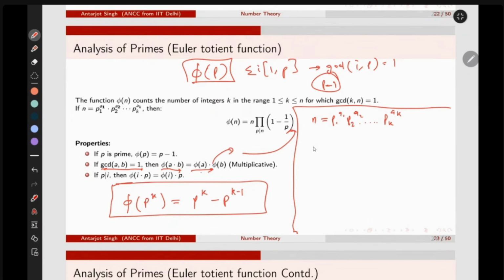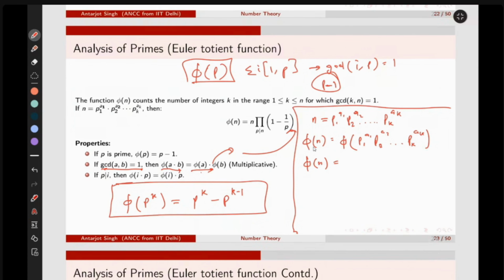As we discussed, obviously p1 to the power a1 is always co-prime with the other prime powers.